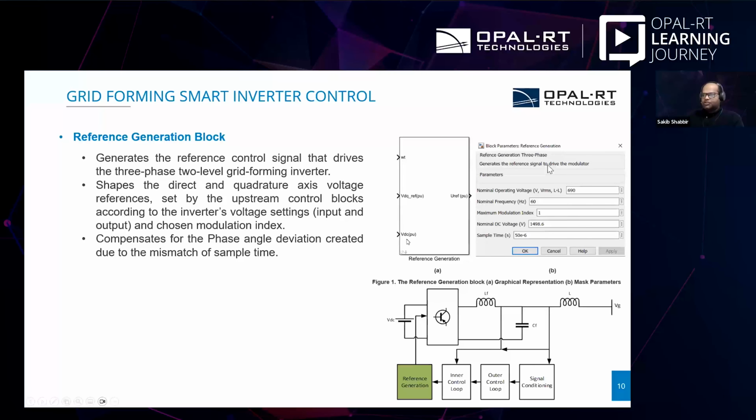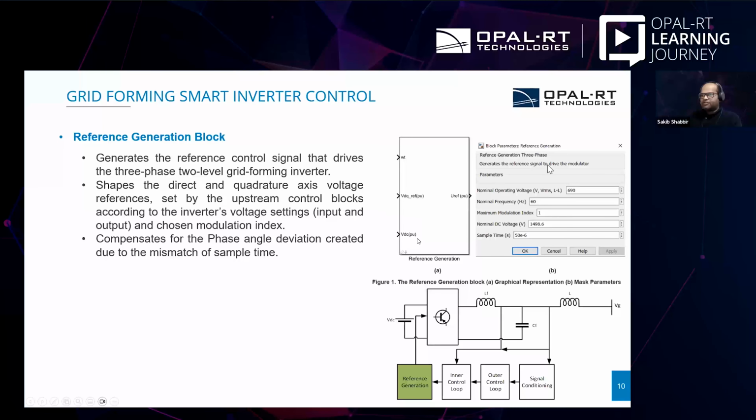In addition to this, in some cases, to reduce the computational burden, users sometimes put a higher sample time for the blocks in comparison to the simulation blocks. In practice, it introduces some phase angle error into the simulations.